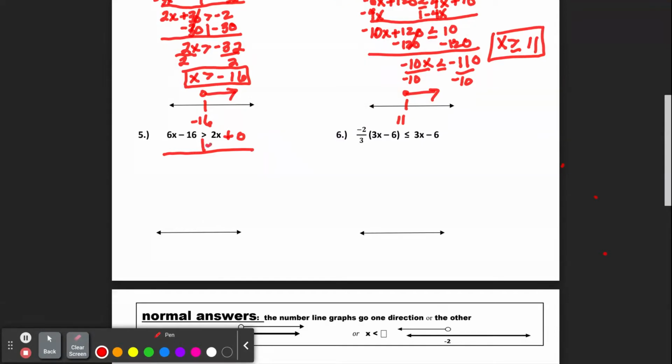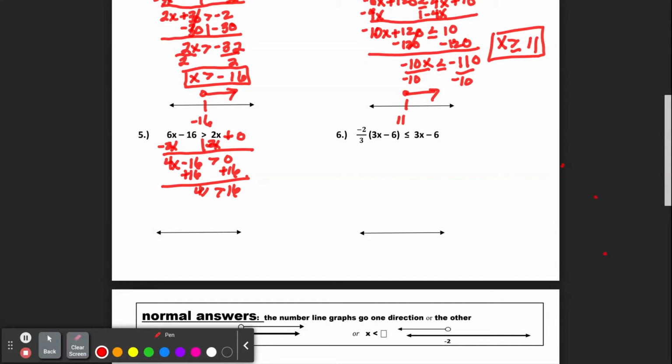So we're going to subtract 2x from both sides. So 6x minus 2x is 4x. Minus 16 is greater than 0. And then we can add 16 to both sides. So this will give us 4x is greater than 16.